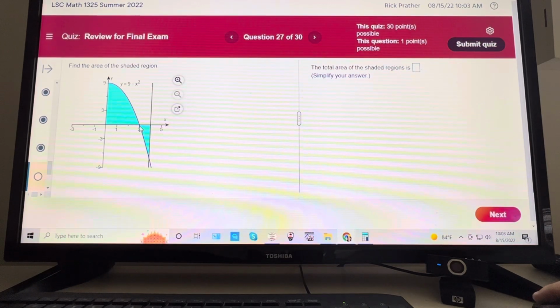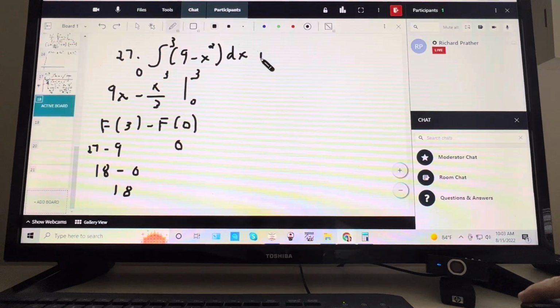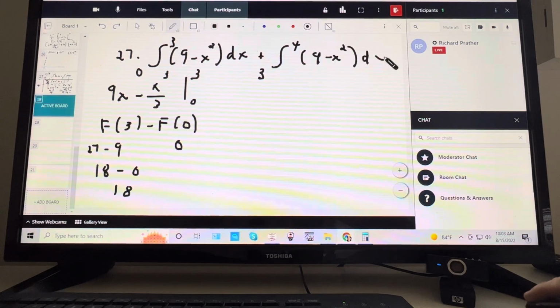So then I need to go from 3 to 4, not to 5, but 3 to 4 and do the same thing. If I go from 3 to 4, this will turn out to have a negative answer because I can tell from the graph that this is below the x-axis. This will have a negative answer, and then if I care about area, then I switch it to positive.